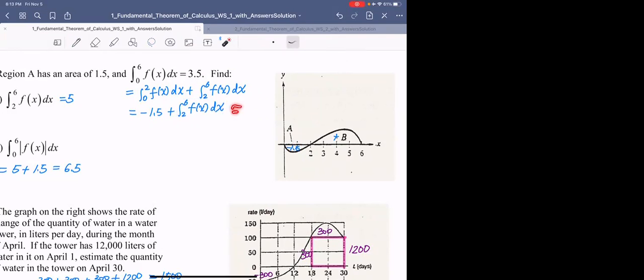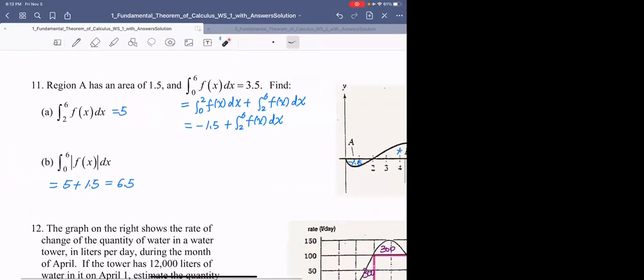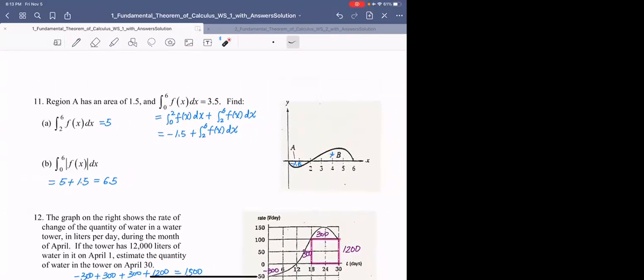The total is 3.5, so this is 5. And what will happen if they ask you to do the absolute value? If you do the absolute value, you are going to make this and this positive. So it's 1.5 plus 5.